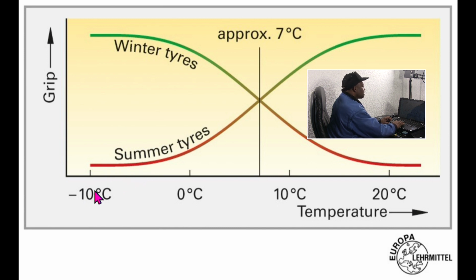From -10 for summer tire to 7 degrees, that is where the curve happens, because with the winter tire the grip on the ground is better compared to when you use the summer tire. But what has an advantage also has a disadvantage. The winter tire that was better in lower temperature, you see the curve.